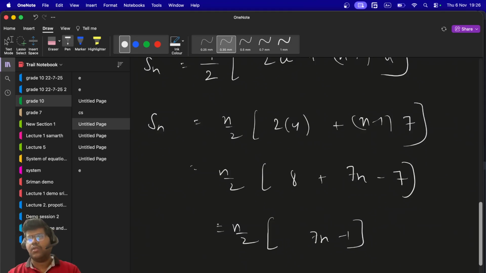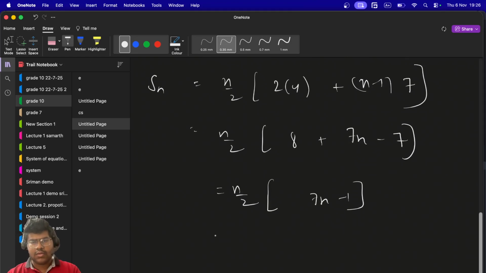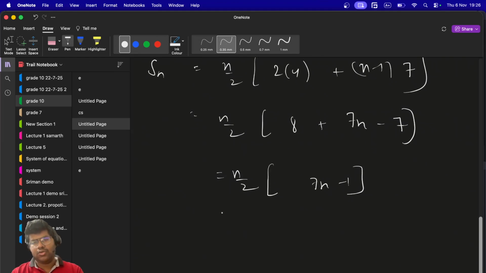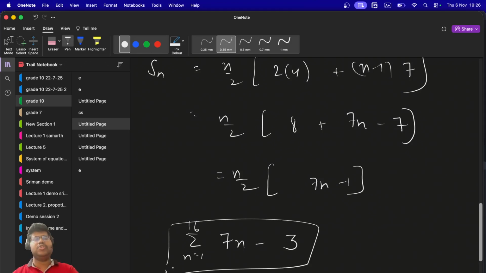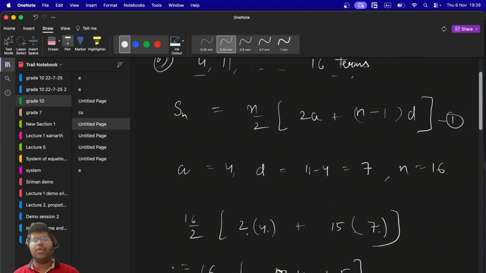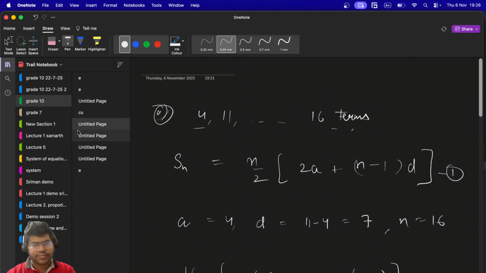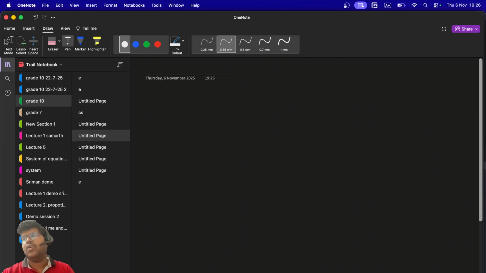And then also I know that n is going from n equals 1 to 16. So we got 7n minus 3. Right? So this would be the general summation term for the problem. Okay. Now let us do the next one.